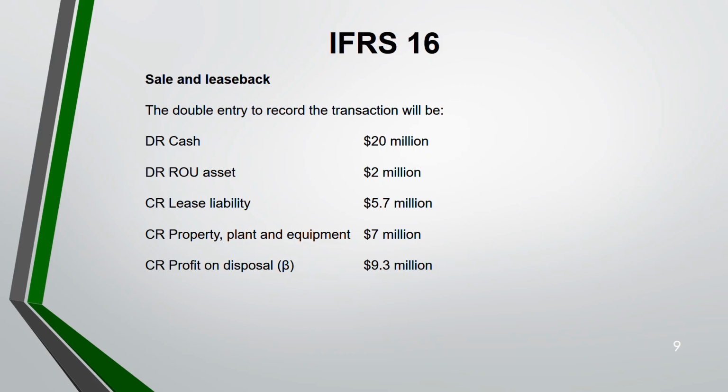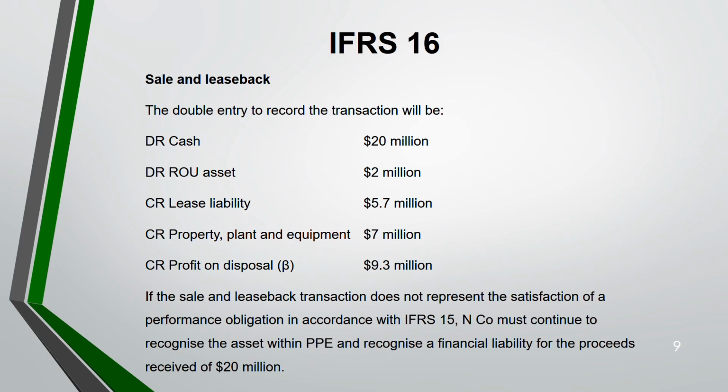Remember, this is a balancing figure. Your debit side has to always balance your credit side. So it's the profit on disposal because the balance came on the credit side, 9.3.